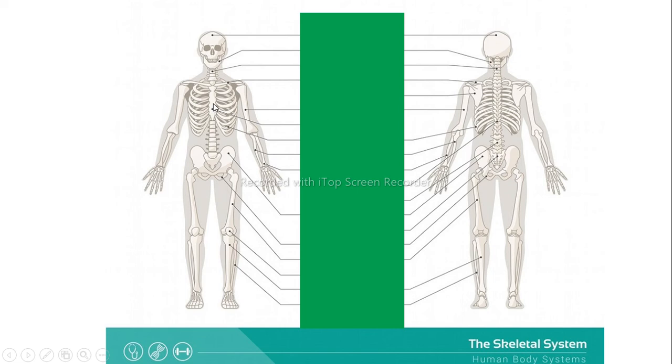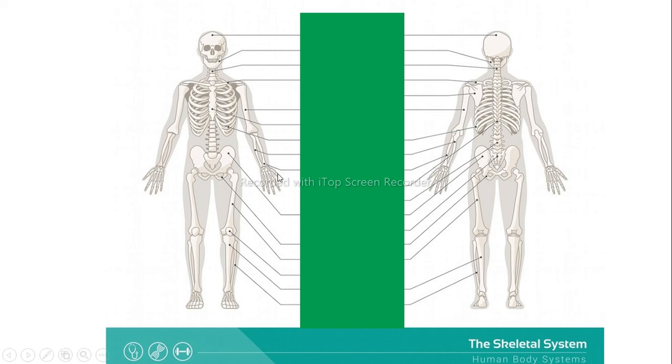Then we have this bone here, the same bone right here. That's the radius. Nope. That's ulna? It's the ulna. Dang it. So this one is the radius. Yes, sir. The one in front is the radius.